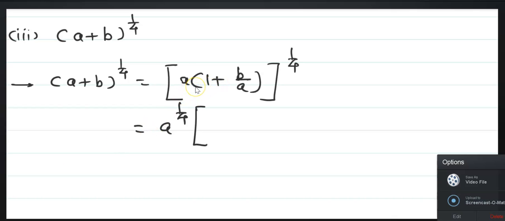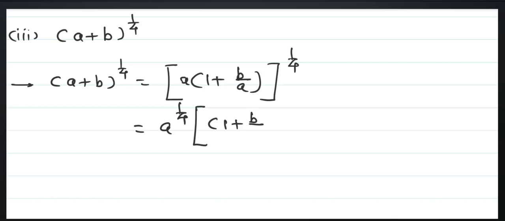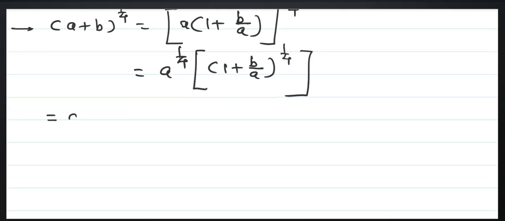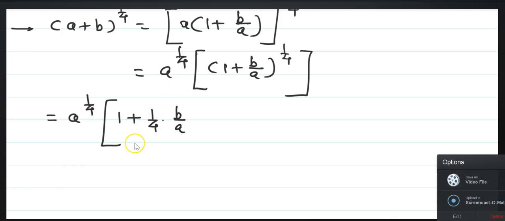Then in bracket you will get 1 plus b upon a and whole bracket raised to 1 by 4. Now here is a plus sign. Index is also plus. Overall all the terms will be positive. Therefore, here is a raised to 1 by 4 plus n into this b upon a bracket raised to 1.